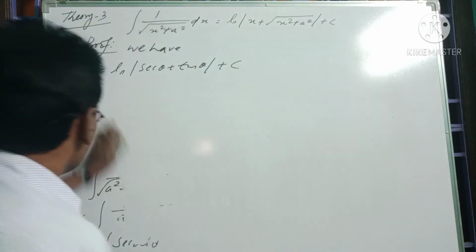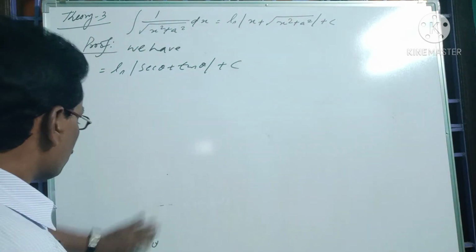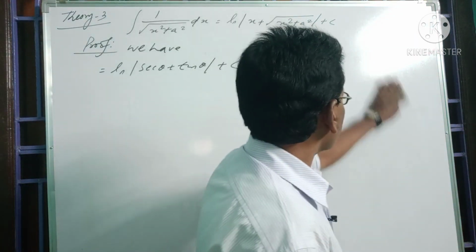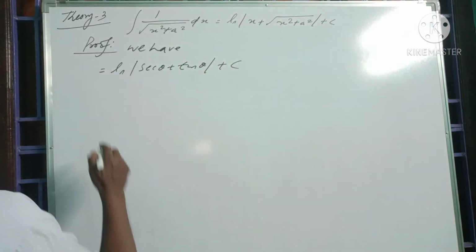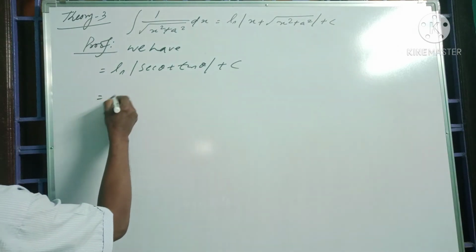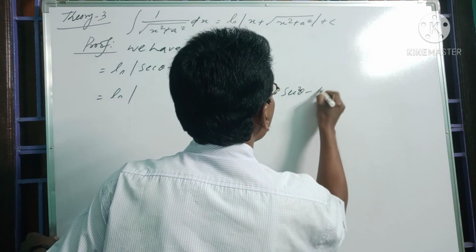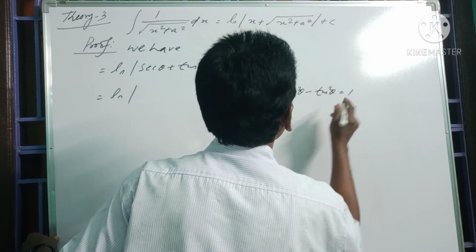Now after integration, we have to go back to a function of x, because the original function was in terms of x. We know that sec square theta minus tan square theta is equal to 1.